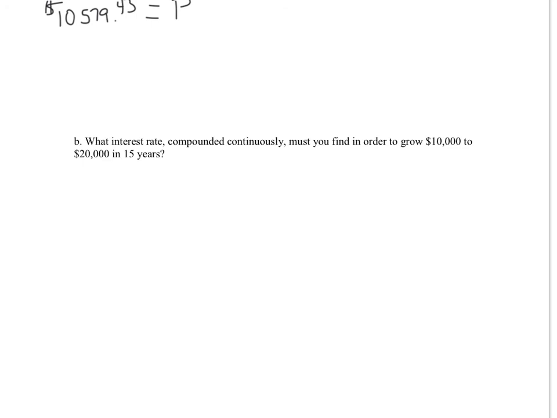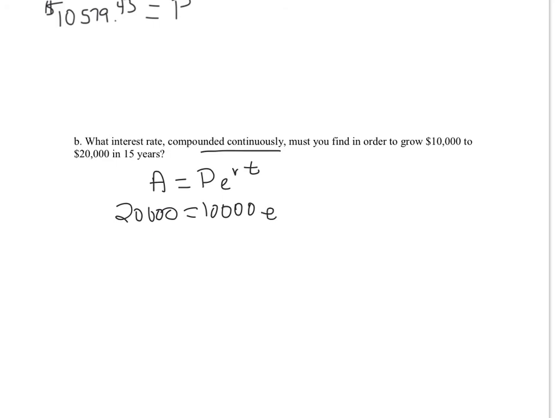Well, the fact that I see the word continuously following compounded is what tells me I need to use A equals Pe^(rt). So I will start with that formula. The A is the amount I want to have at the end, 20,000. The P is the amount that I have to invest now, which is 10,000.